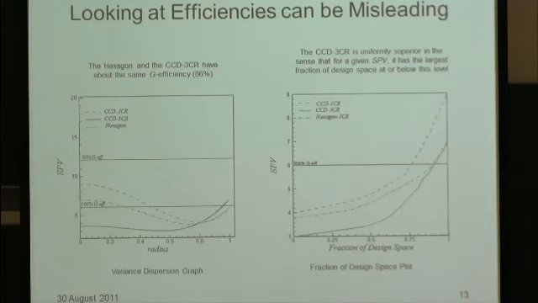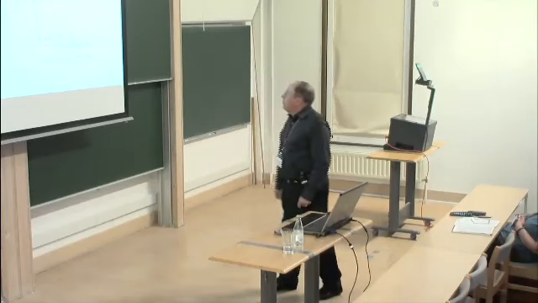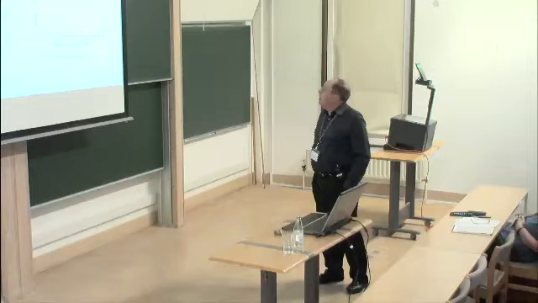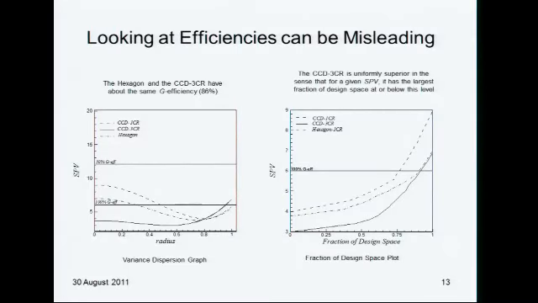If you pick a particular value of scaled prediction variance, read over and drop down to the bottom, for that value the CCD with 3 center runs has the largest fraction of design space at or below that point.